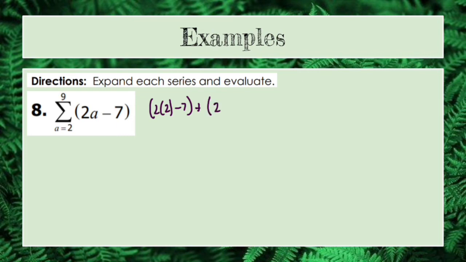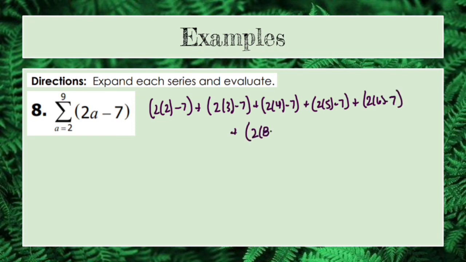Plus 2 times 3 minus 7 plus 2 times 4 minus 7 plus 2 times 5 minus 7 plus 2 times 6 minus 7 plus 2 times 8 minus 7 plus 2 times 9 minus 7.